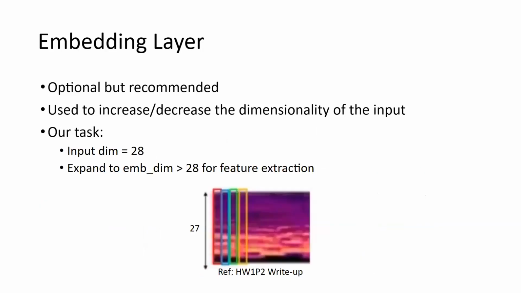However, in our case, the input is not discrete words. It is vectors of length 28, and these are continuous inputs at each time step, right? So we cannot really do a matrix lookup of some embeddings matrix or something like that. So instead, we use CNNs.